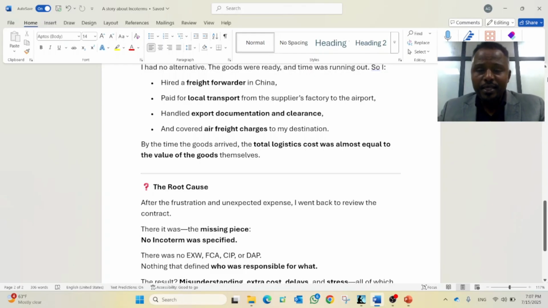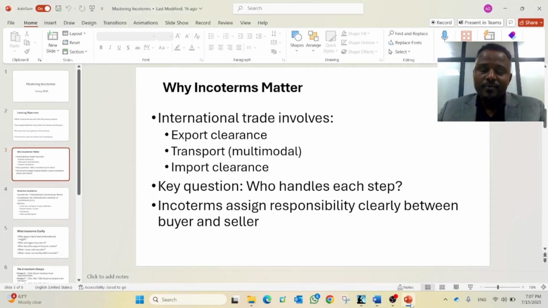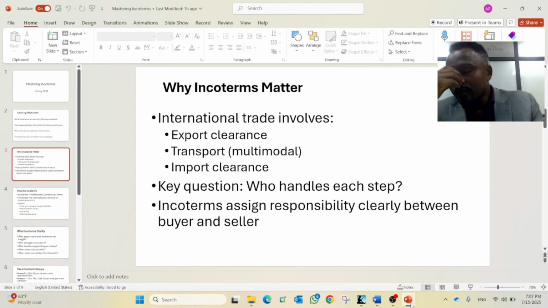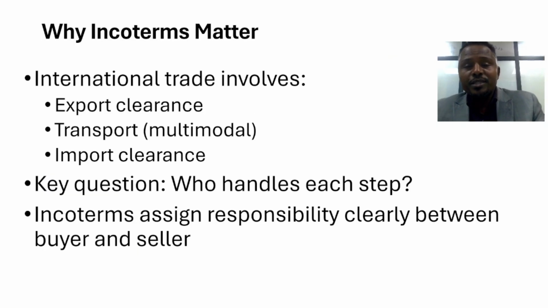So let's keep this in mind and look at a few points about Incoterms. Now, keeping the real case that happened to us in mind, the first question is, why do Incoterms matter?